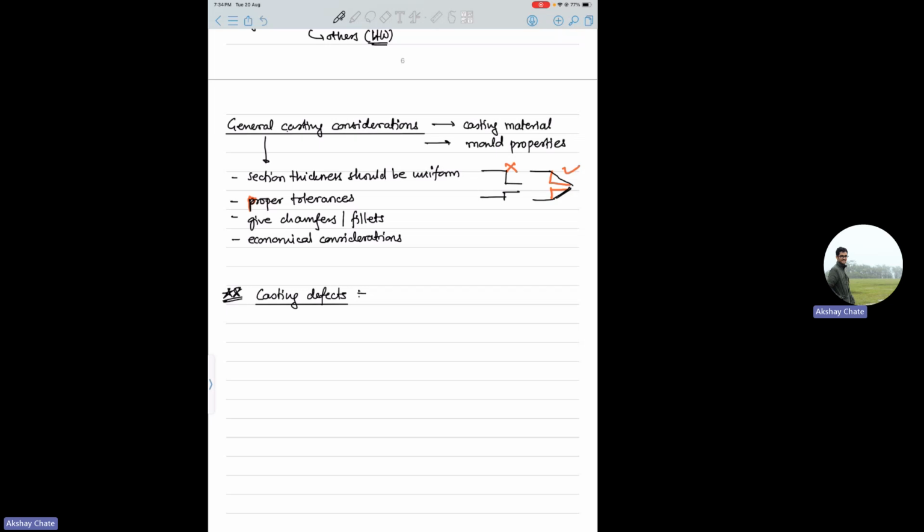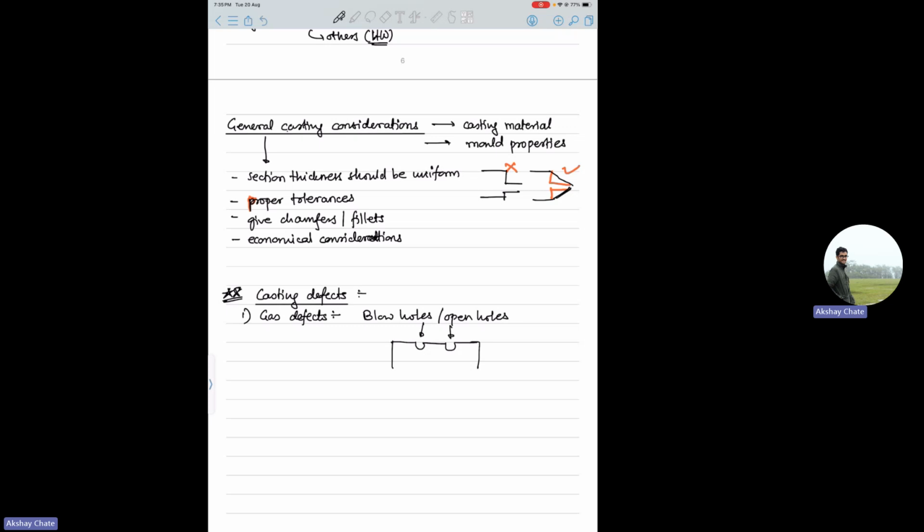You can define them based on various categories, but most commonly, they are divided into 4 or 5 categories. Let's say the first is gas defects, maybe. So blowholes, and sometimes they are called open holes also. You'll see holes like these on your casting, and that's the problem.